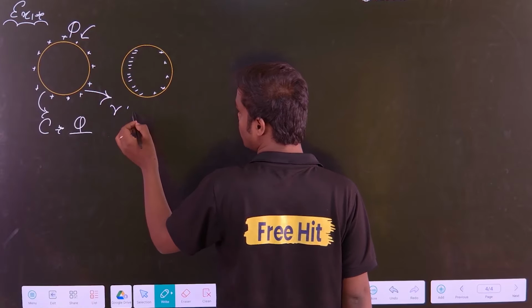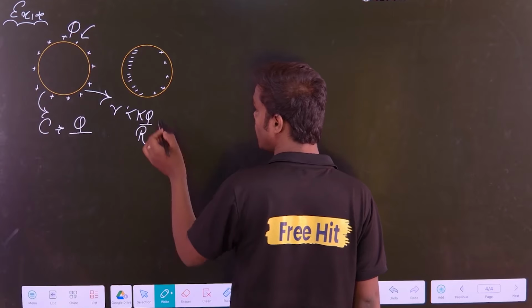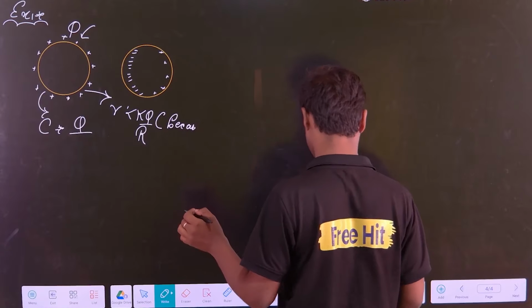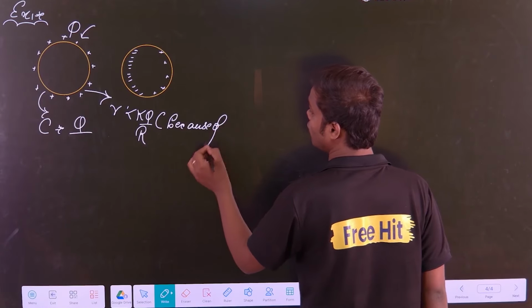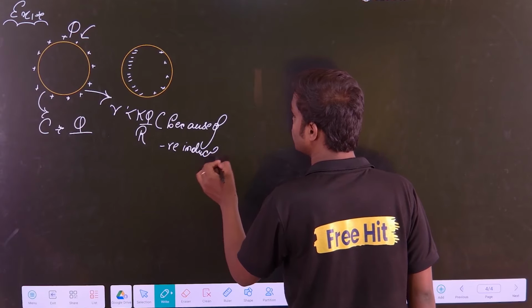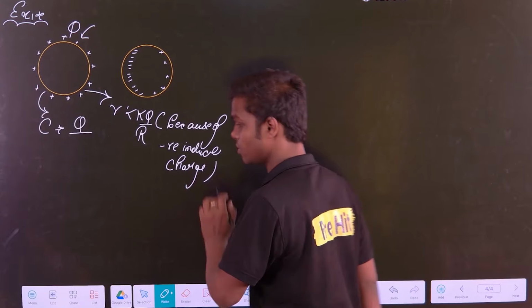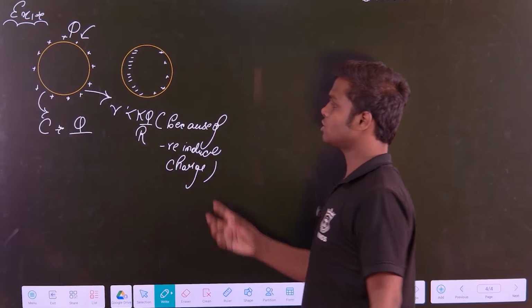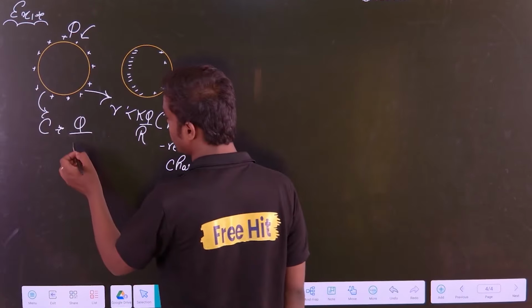So V dash becomes less than KQ by R. Why? Because of the negative induced charge the potential got reduced.